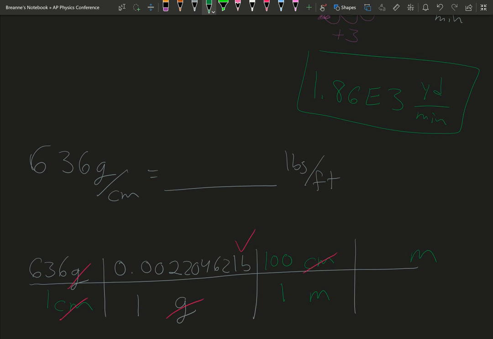And for 1 meter, there's a 3.28084 feet. Our meters cancel, and we're left with feet.